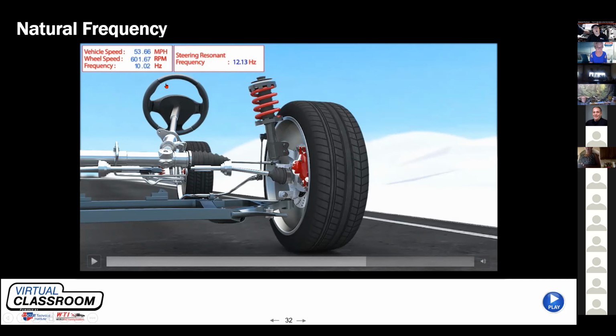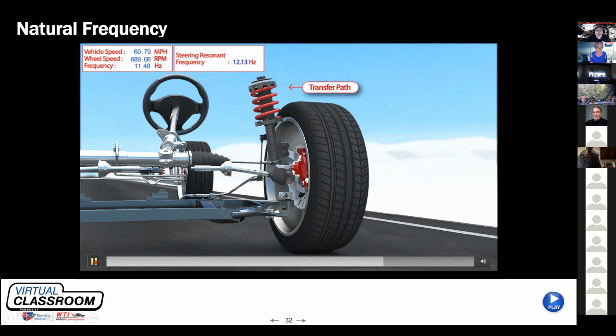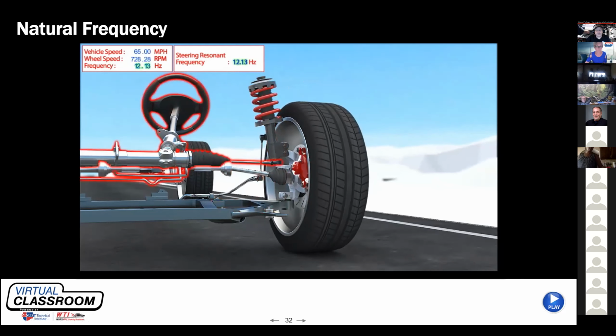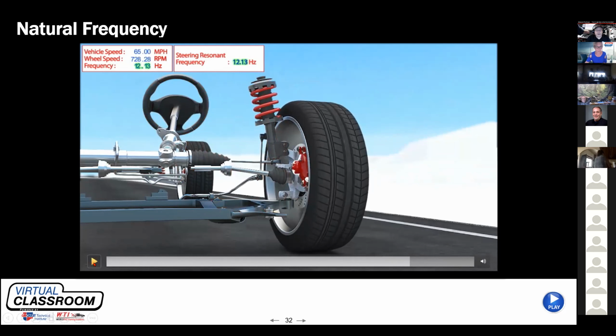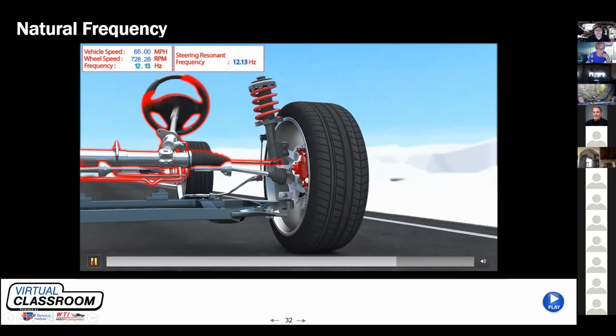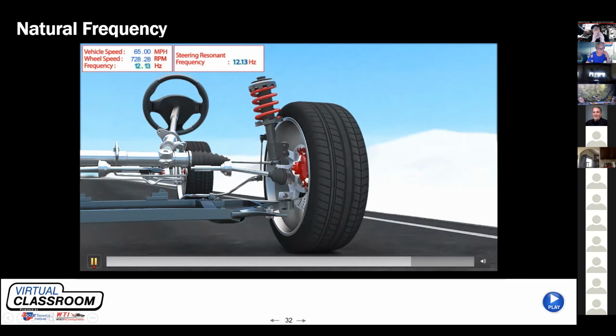My customer won't feel it because we haven't matched the steering resonance. Now watch, as we speed this up and we got closer to the actual frequency of all the steering components, that is when your customer felt the shake come through.